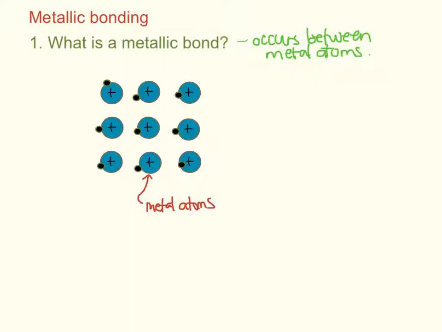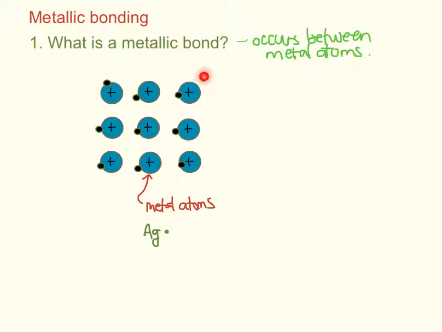The positive charge on the centers is their nucleus, and then of course these are electrons, or valence electrons. So this could be something like calcium, or we'll say silver, right? So silver with one valence electron.